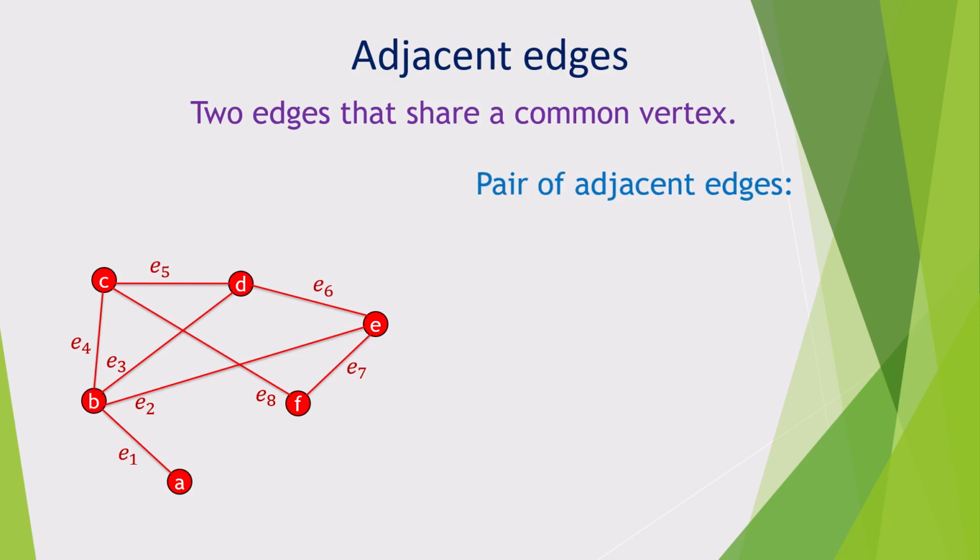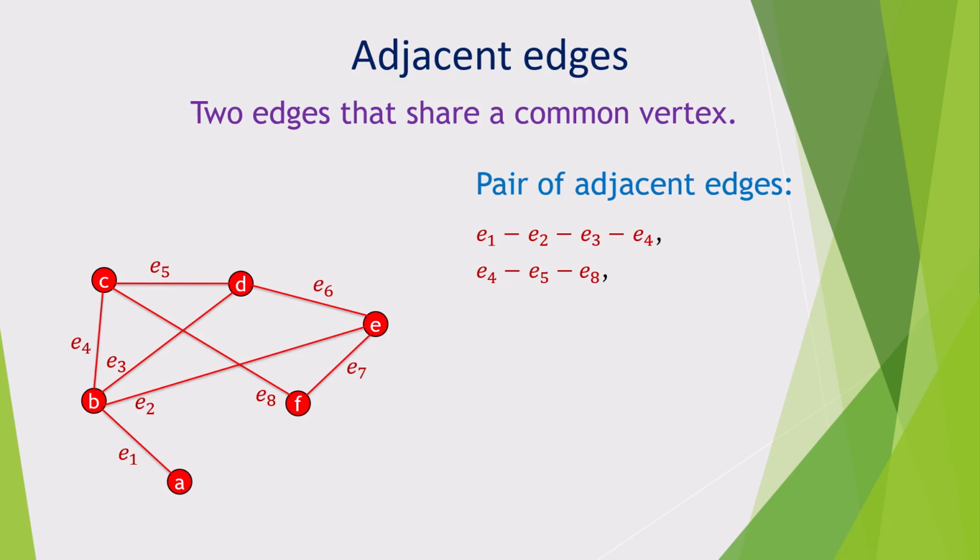If you consider edges E1, E2, E3, E4, B is a common vertex to them. You can observe B is a common vertex to them. So E1, E2, E3, E4 are adjacent edges.